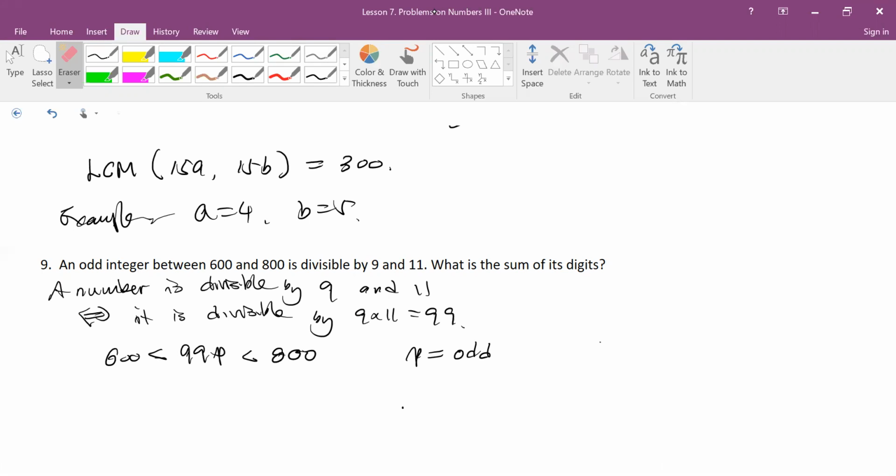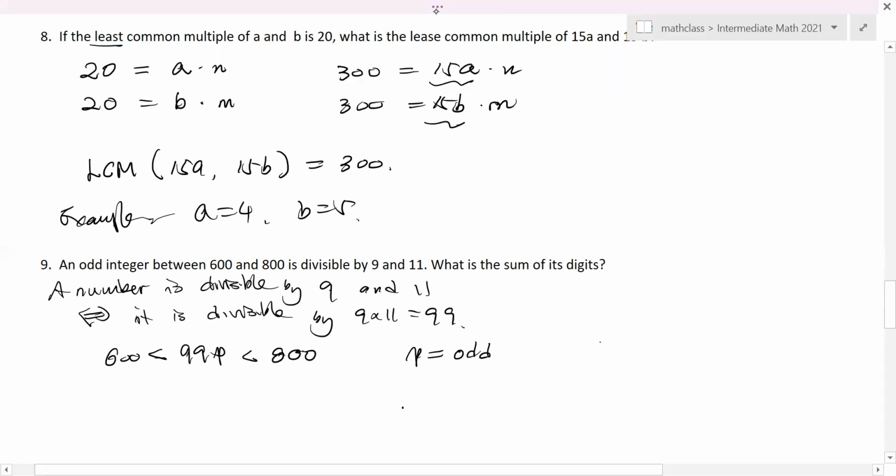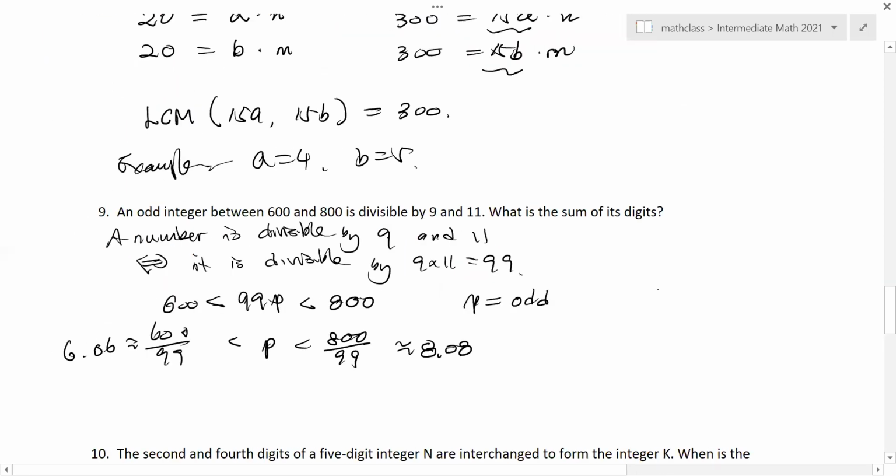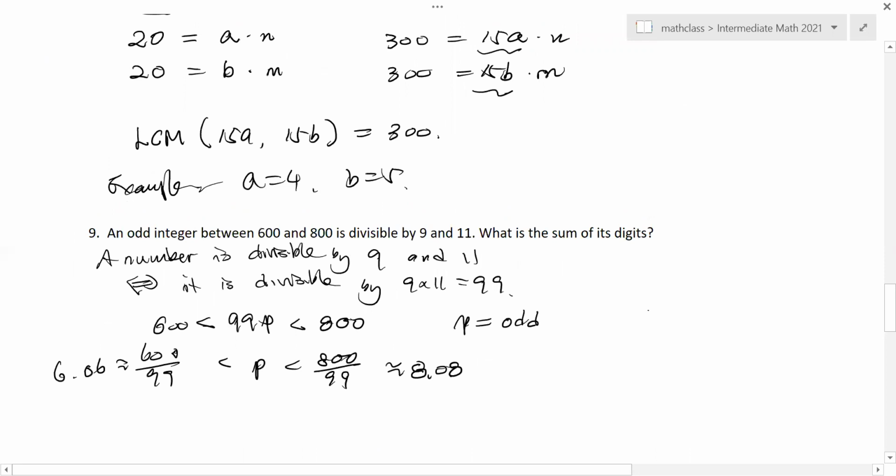When you solve this in the calculator, you immediately get the answer, because 800 divided by 99 and 600 divided by 99 simplify to about 8.08 and 6.06.